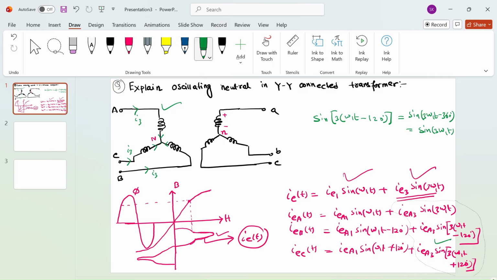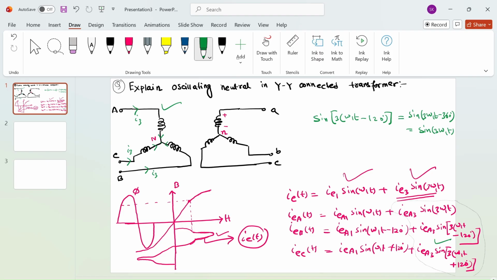So the thing is clear. If the neutral of the star connection is not grounded, my line exciting current or phase current cannot contain the triple harmonics, like third harmonic, ninth harmonic, 15th harmonic. All those harmonics will not be present if the neutral is not grounded.